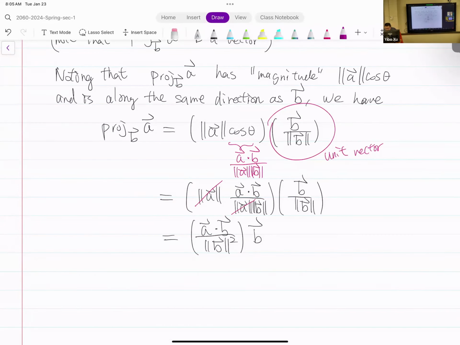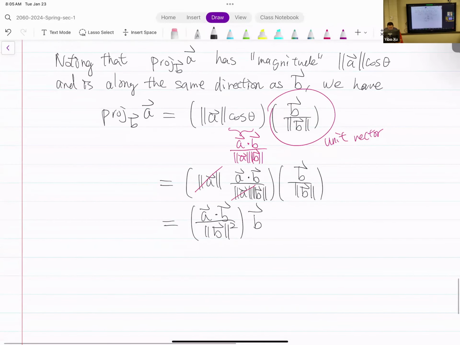But that's one way to write it. This way of writing it, where we keep the first bracket as the magnitude along the unit direction of B, that's the purple circle part. That's going to represent the scalar projection, which just stands for the magnitude, with quotation marks.